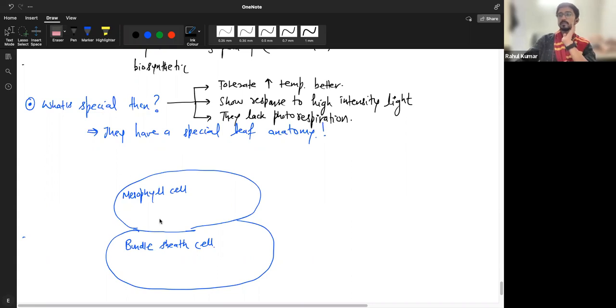Now write down, C4 plants have a special leaf anatomy where there are large cells around the vascular bundles in C4 plants, which are known as bundle sheath cells. Bundle sheath cells. So this is happening in the leaf. Okay.